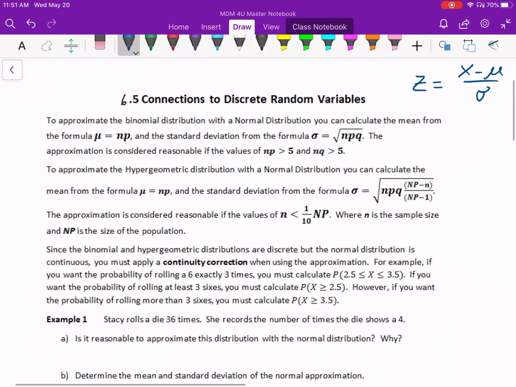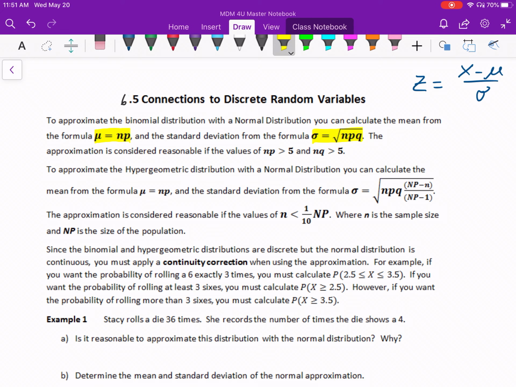So with these two formulas here, we can calculate the mean of a discrete variable distribution using mu is equal to n times p. In other words, the population size times the probability of the event occurring. We can get the standard deviation by doing the square root of n times p times q.